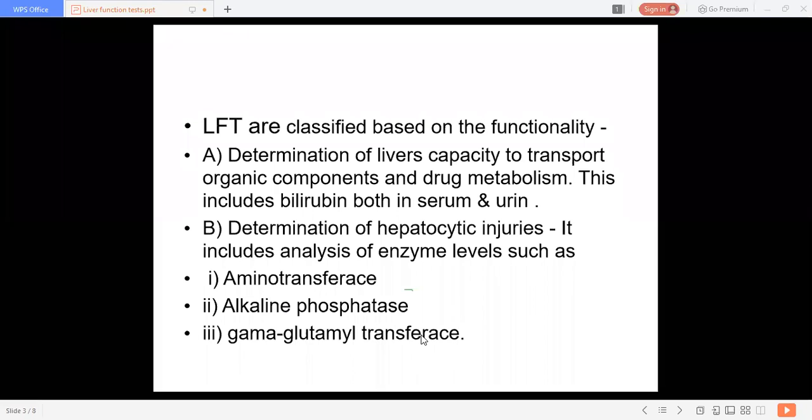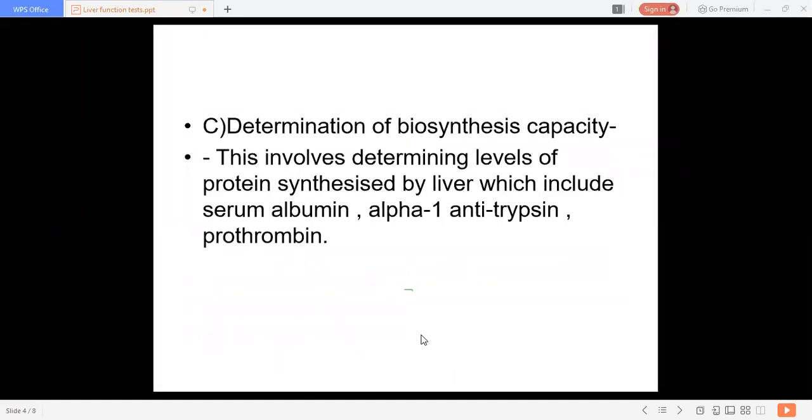The next part, the determination of biosynthesis capacity of the liver, remains, and we are going to discuss it in the next lecture.